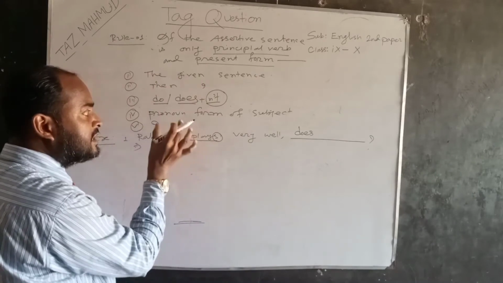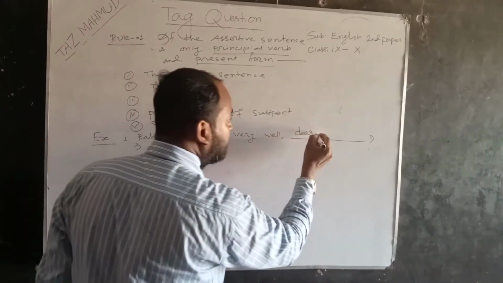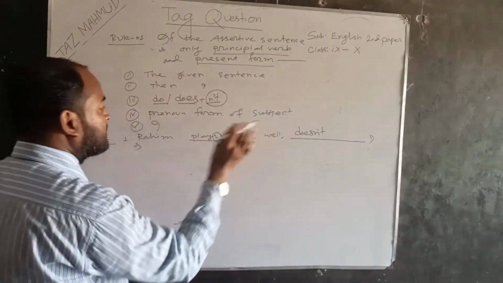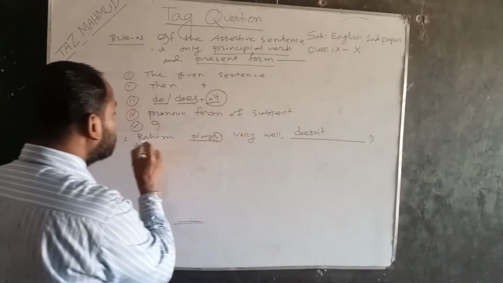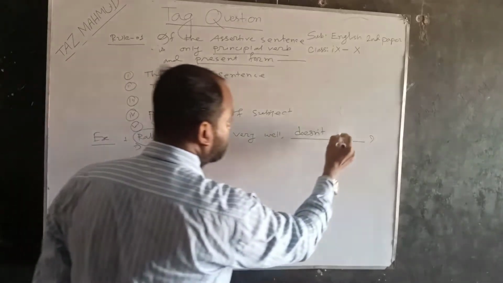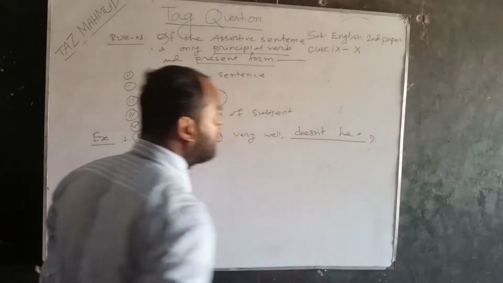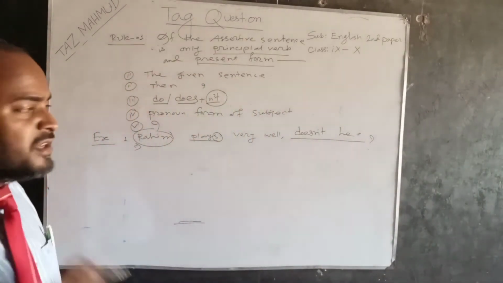If the sentence is affirmative, we shall use not. Doesn't. And then the pronoun form of the subject: the pronoun form of Rahim is he.